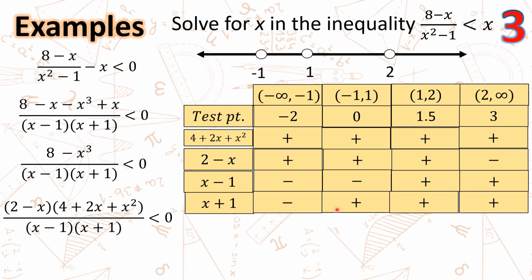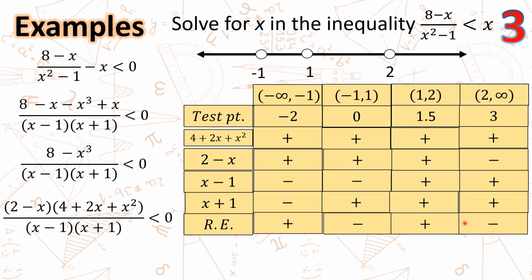Then what will be the signs for our rational expression? At interval negative infinity to negative 1, this will be positive. At interval negative 1 to 1, this will be negative. And then positive at interval 1 to 2. And this is negative at interval 2 to positive infinity.